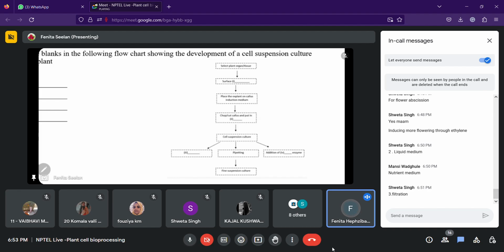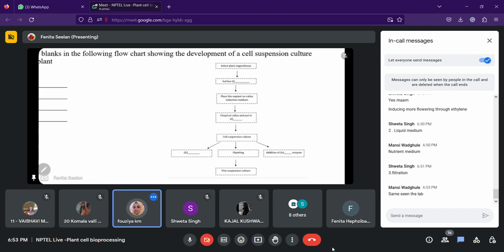Have you done any lab work? We visited the lab but did not perform anything. Does anybody else have access to the lab? Mansi has also seen the lab, but didn't perform.